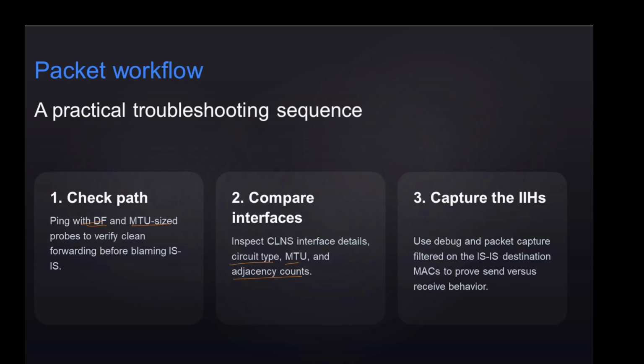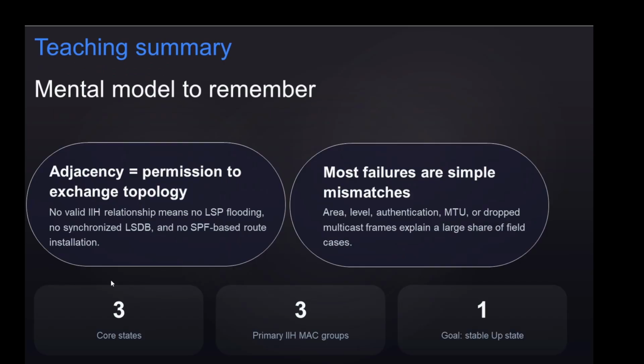Then we can run some debugs and capture the IIH packets, or the hello messages. The whole idea behind getting to the adjacency state is to make sure that the LSDBs are synchronized. If there are issues with adjacency, we won't have identical LSDBs, which will result in failure in SPF-based route computation. These are the parameters that need to be checked in case of most failures.